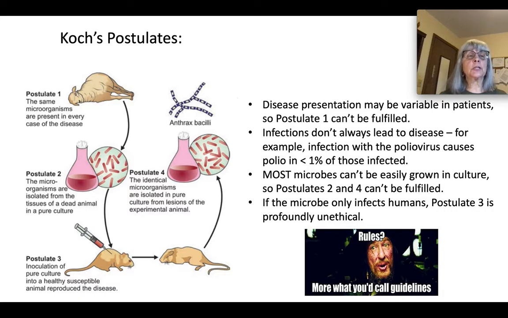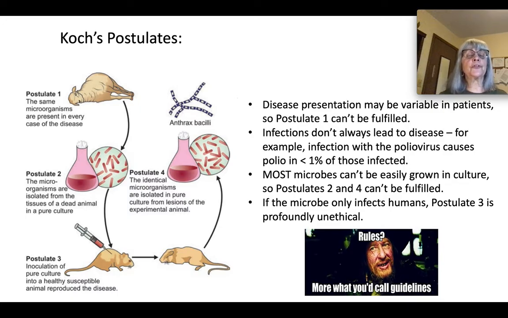So postulate number 1: the same organism is present in every case of the disease. So with certain signs or symptoms displayed by the sheep, they would have a good guess that the same microorganism was affecting those sheep.